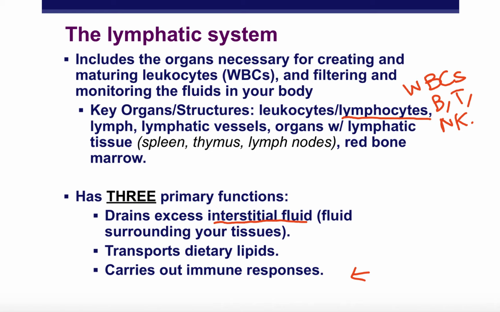In addition to that, because blood is very watery and salty, it only likes to dissolve water. So it's really hard for fats that you need for diet reasons to travel through your blood. So the lymphatic system provides a type of fluid that's more friendly to fats. So the lipids in your body tend to travel through the lymphatic system. We're going to go over that in a little bit.